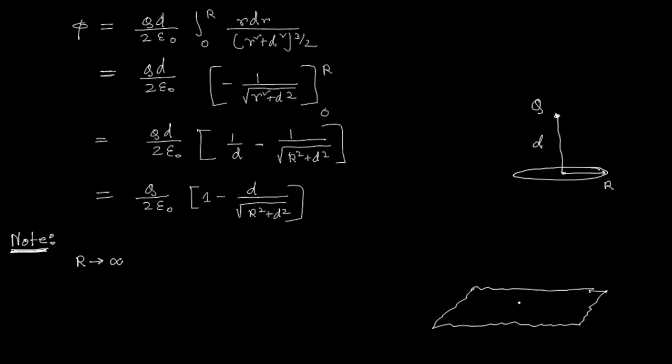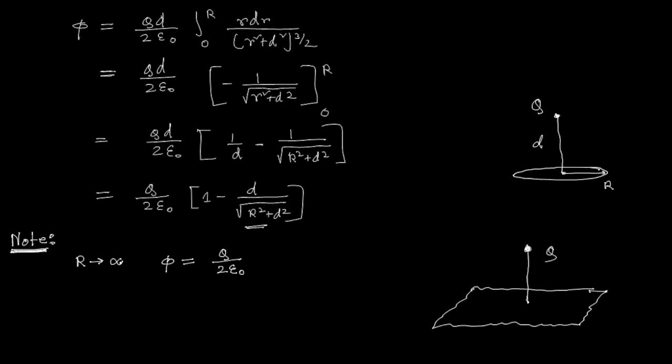And then in front of this plane, at any distance, if you place a point charge q, and you put r tends to infinity in this result, what you will get? Flux through this loop will be q divided by 2 epsilon naught. When you put r tends to infinity, this term will be 0.